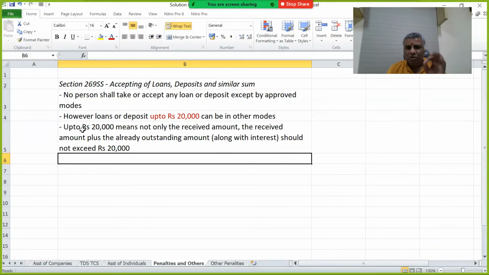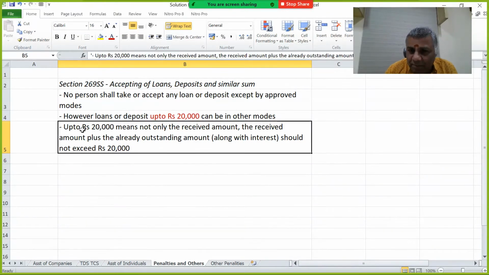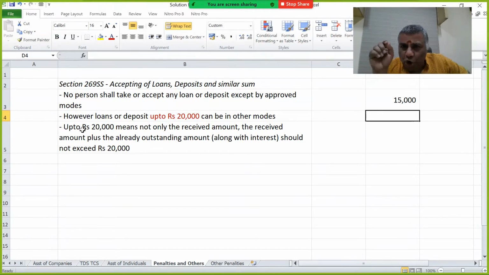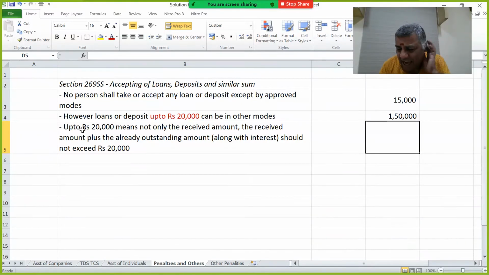The most important point, my dear friends: I already have 15,000 in my books as loan received from Abhiprita. Now, can I again get 15,000 in cash from Abhiprita?